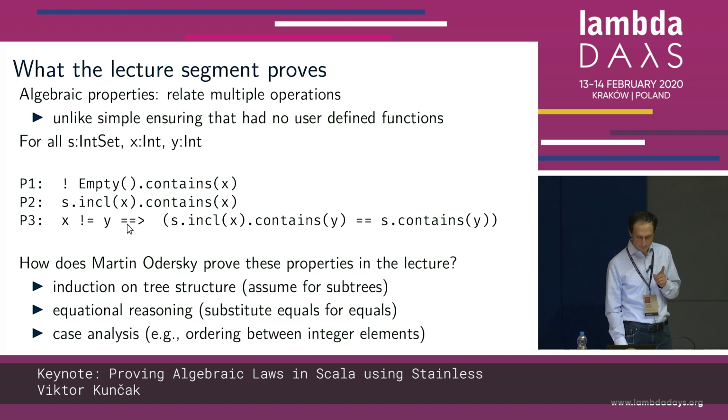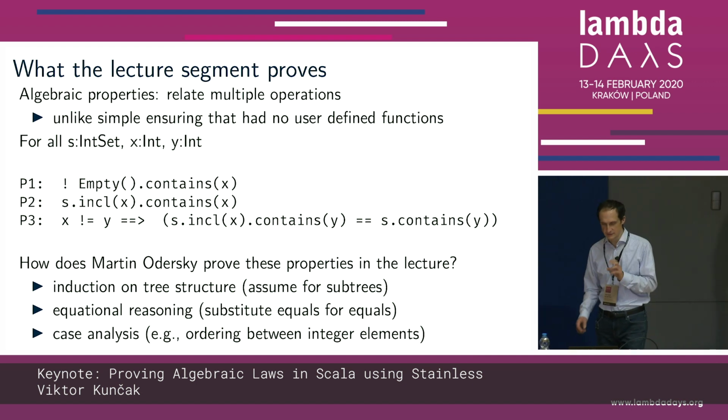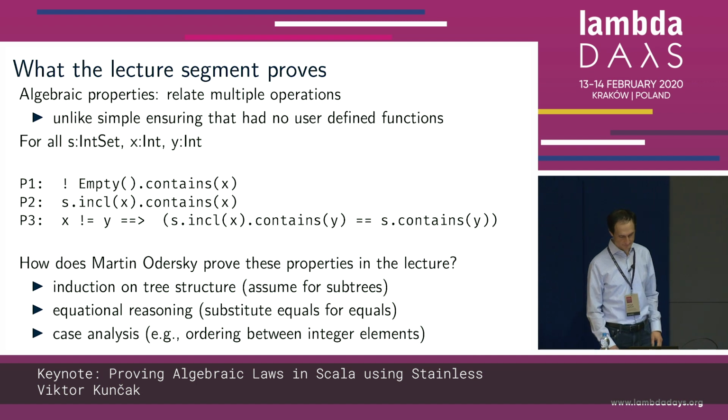And finally, if x and y are two different elements, then checking whether y is contained in this S union singleton x, basically the tree where you added x. So what is that? x and y are distinct. Well, y will be inside this extended set if and only if it was in the original set, right? And this is actually an algebraic characterization of the finite set.